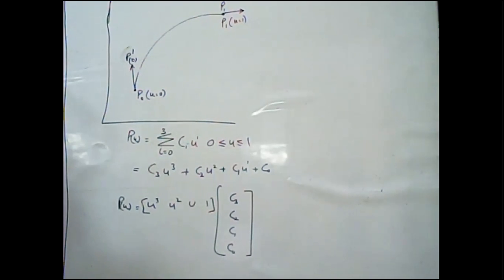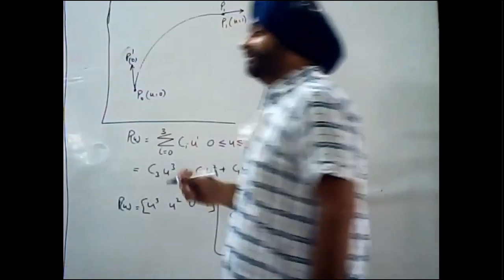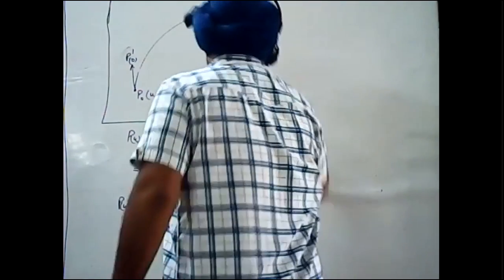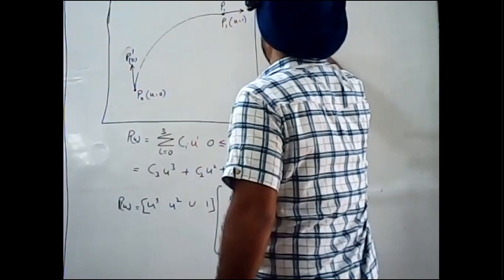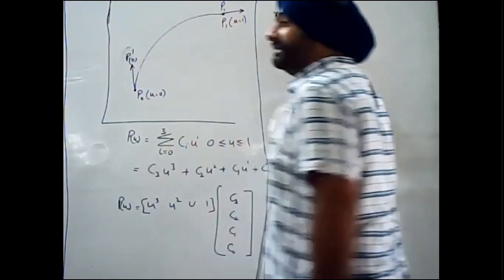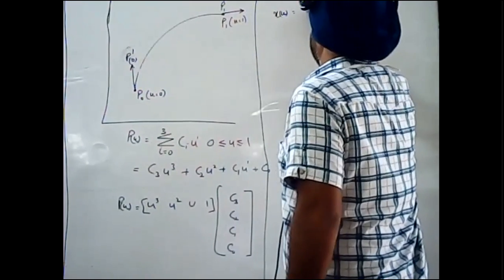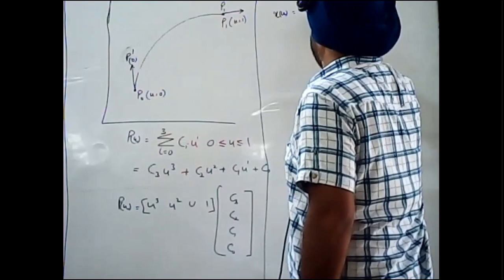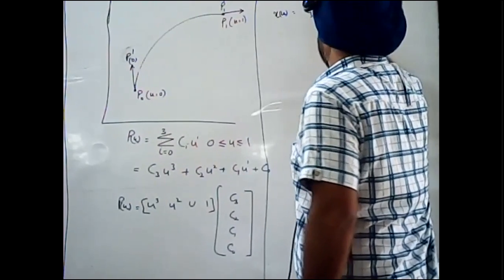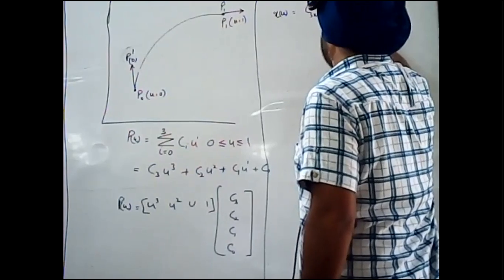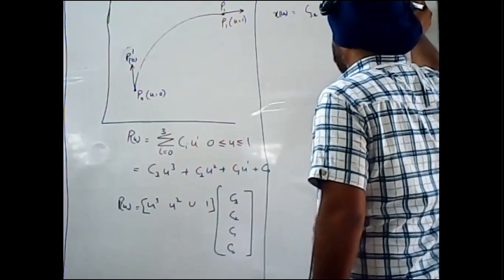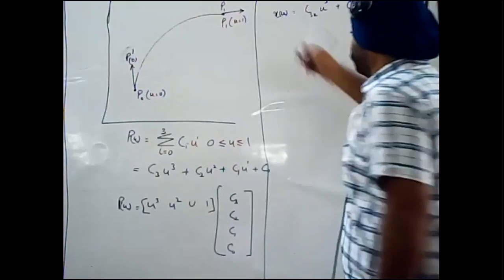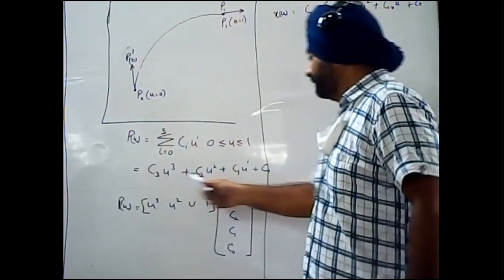Now in terms of x, y and u, this equation can be written, in terms of x(u), as c3x u cube plus c2x u square plus c1x u plus c0x, just adding x along these terms.